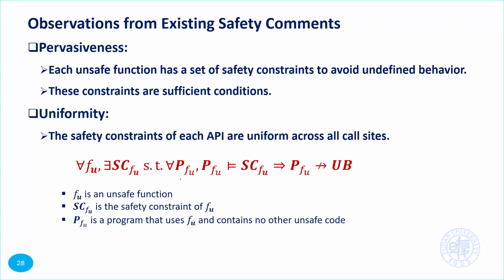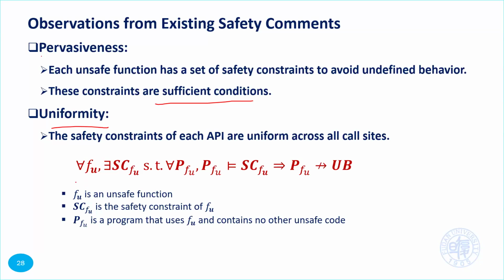And based on our observations from the Rust standard library, this safety comment has two characteristics. The first one is pervasiveness, which means each unsafe function has such a set of safety constraints, which are sufficient conditions to prevent undefined behavior. And the second characteristic is uniformity, which means safety constraints are applicable to all contexts of callsites.